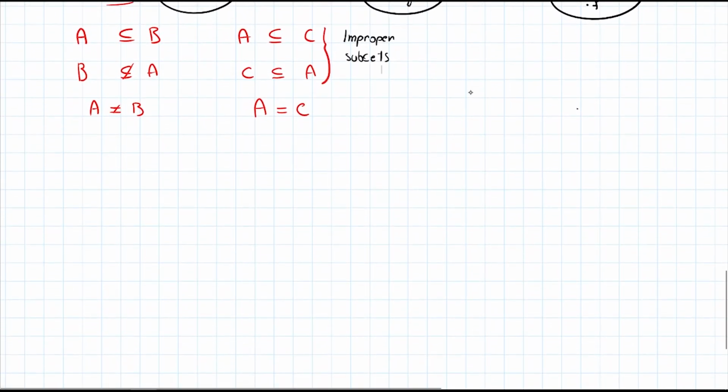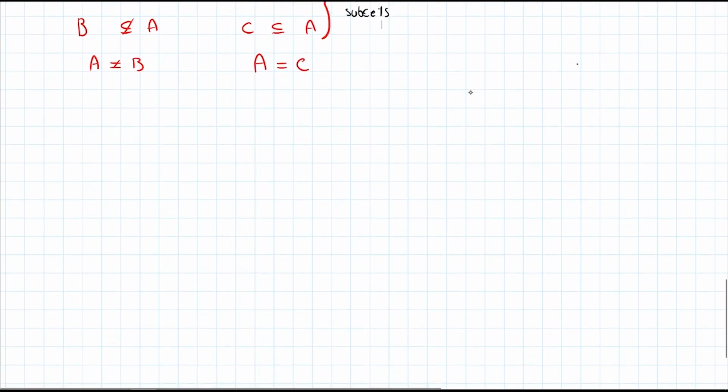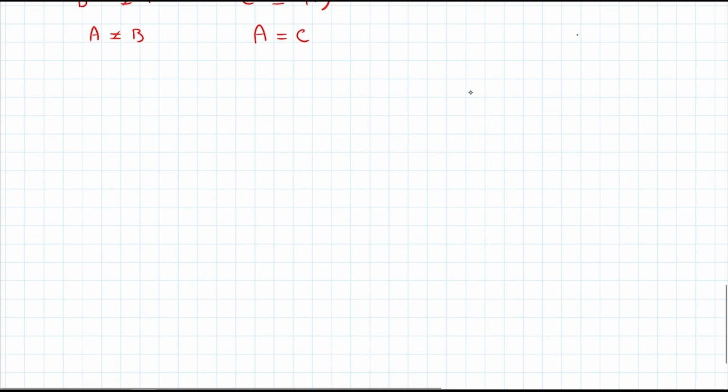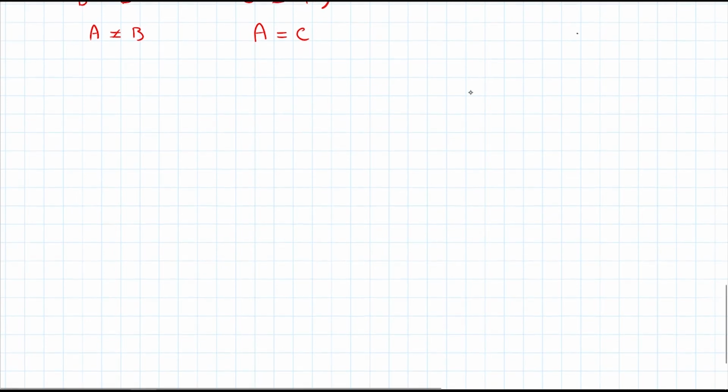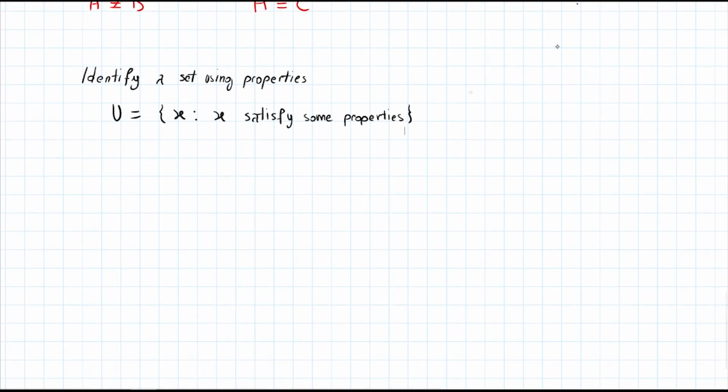We can now go on. In fact, a subset or a set can also be identified by means of a property. More formally, we can write that a set U is defined by all the elements X such that X satisfies some properties.